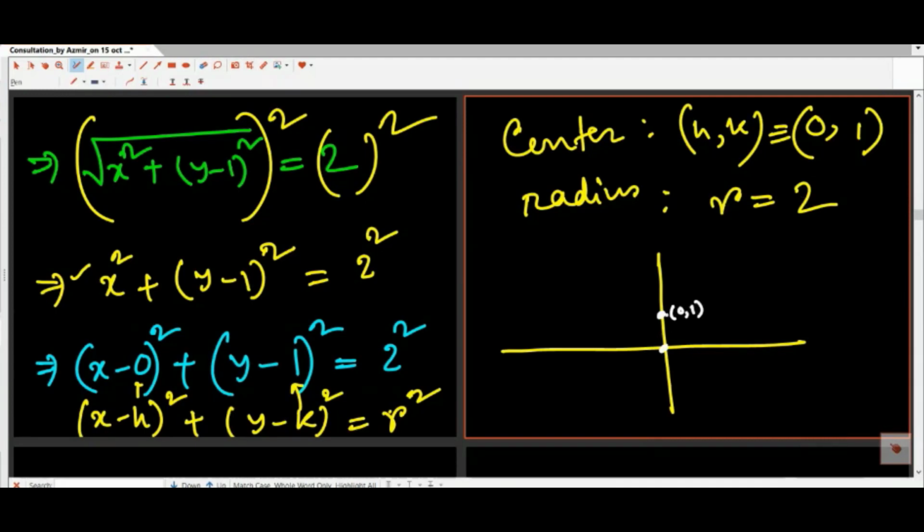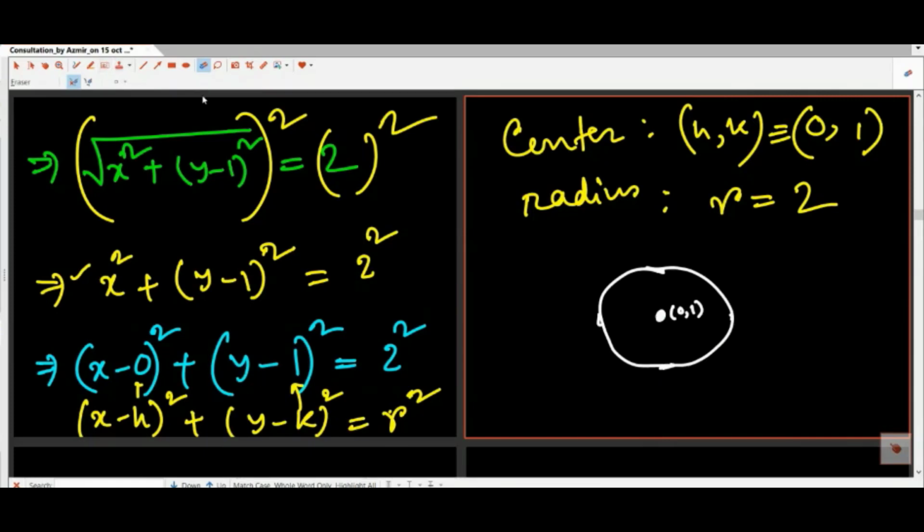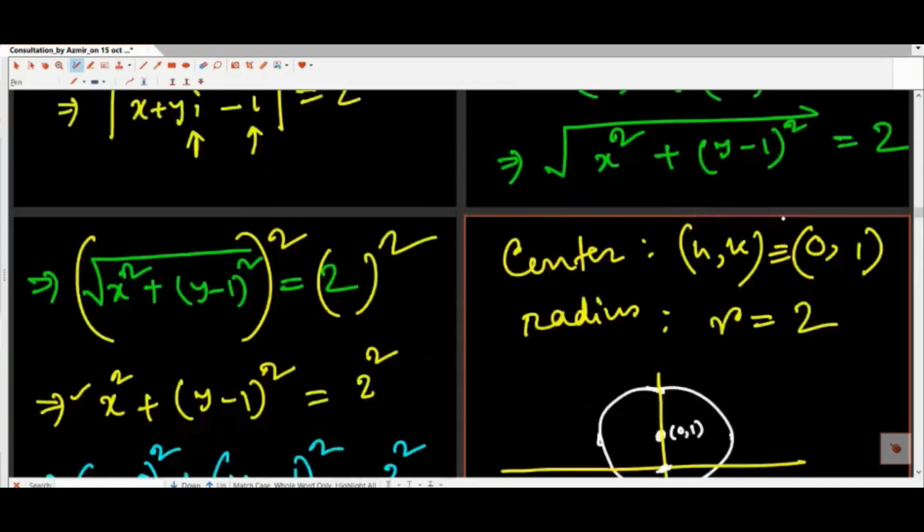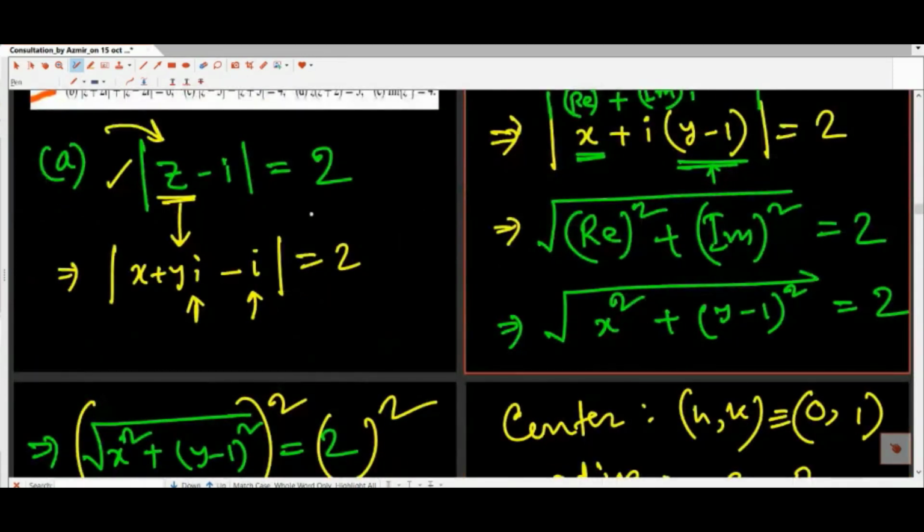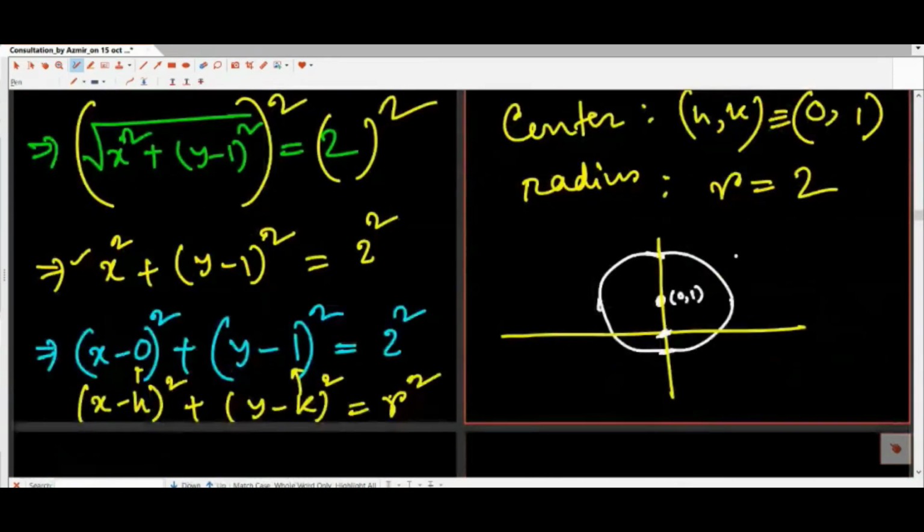Radius is 2. So from the center we can think about 1, 2, here 1, 2, 1, 2. Now we can easily draw the circle. So this is our circle. Okay, that means the equation represented by modulus of z minus i equals 2 is a circle.